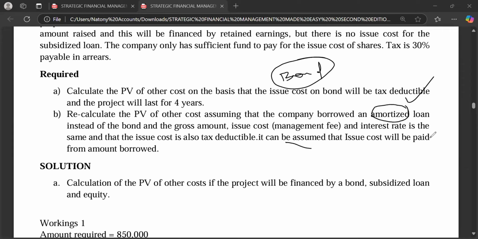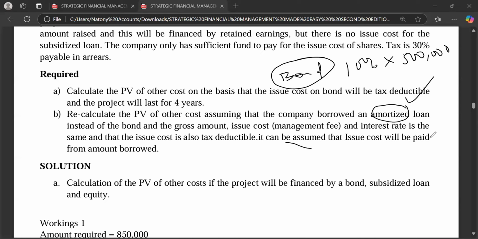An amortized loan together with the share and also the subsidized loan. So for the bond, if interest rate is 10% and the company borrows 500,000, annual interest will be 10% times what? 500,000. Okay. But for the amortized loan, the interest is basically on opening balance.